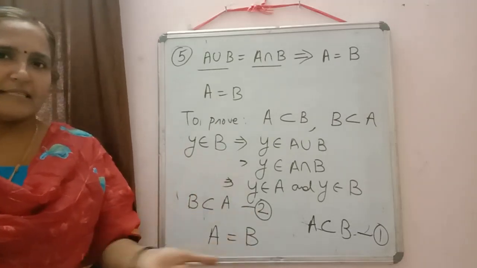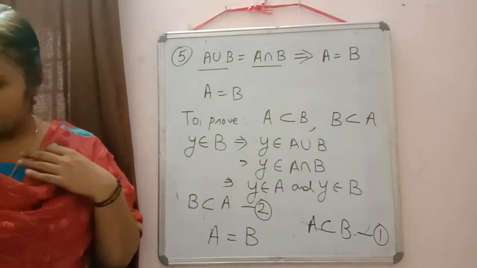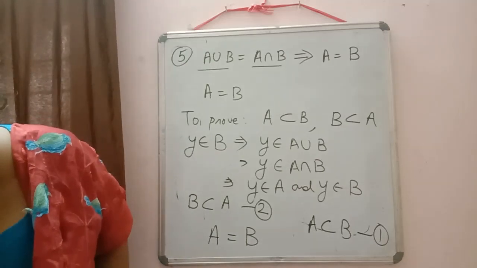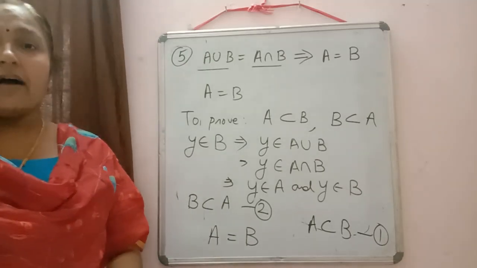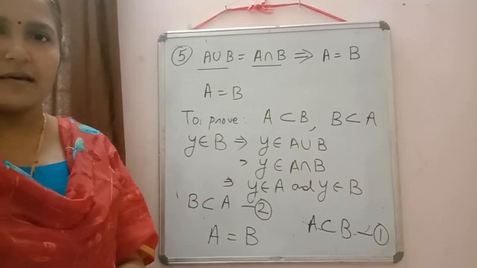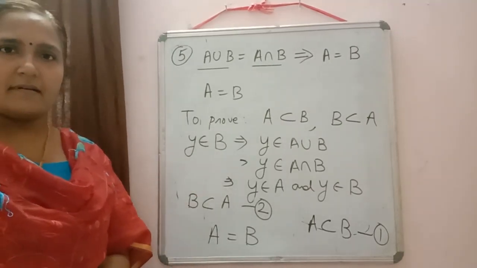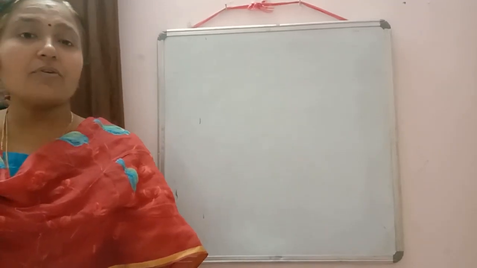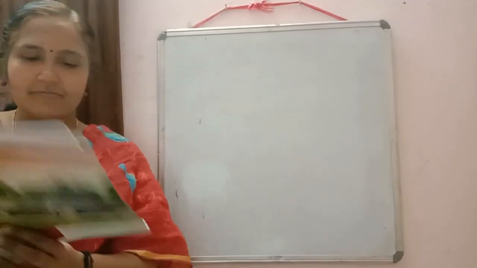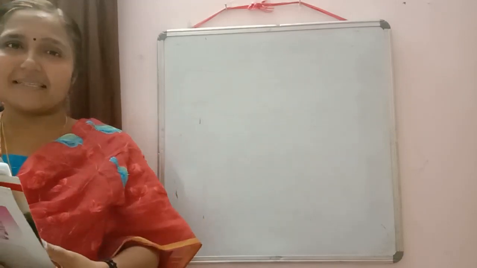Some more questions I will give you, and later some more questions are there in your textbook that we will do in our regular classes. So now we will do some more questions of that type when we have to prove the two sets are equal.